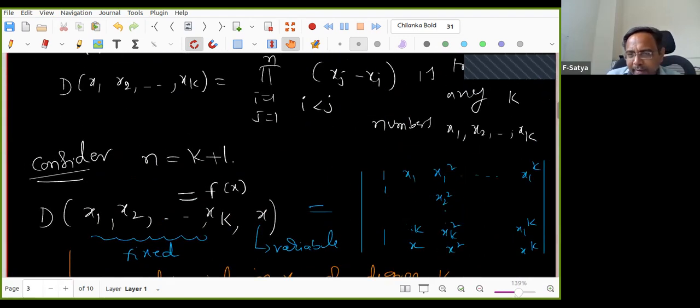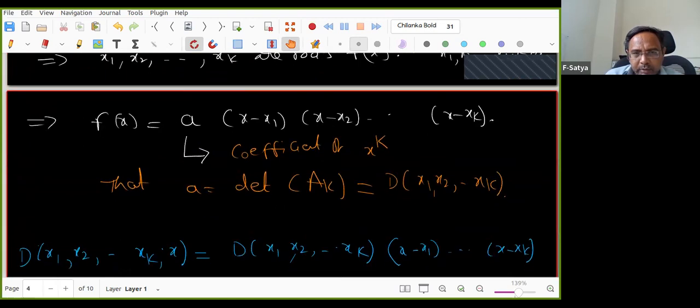When you expand it, you will get the x power k coefficient. The x power k coefficient is the determinant of this portion, right? That is the main crux of the proof. So this portion is the determinant, the coefficient of x power k.